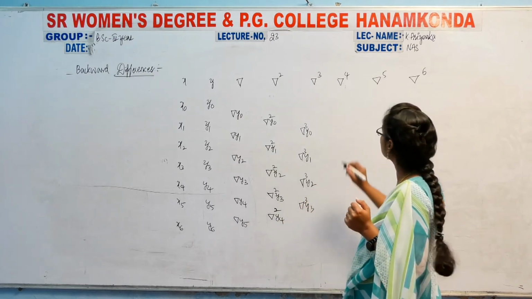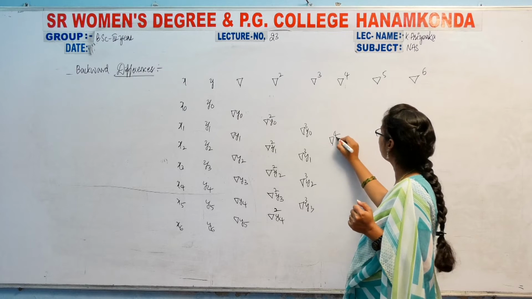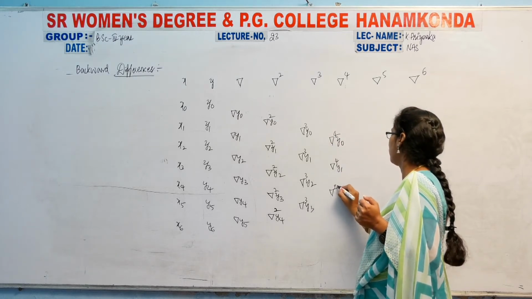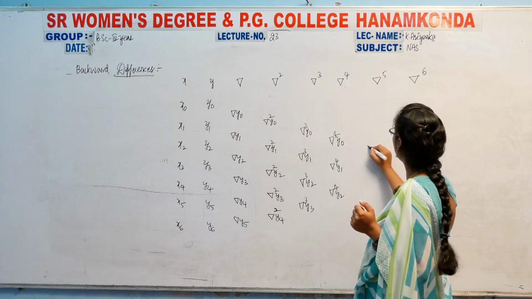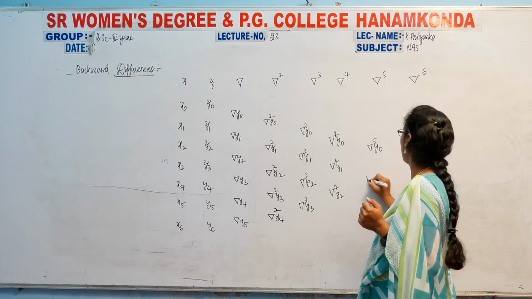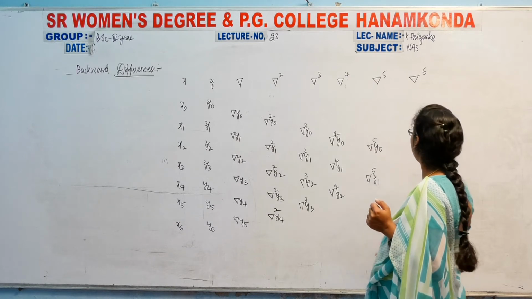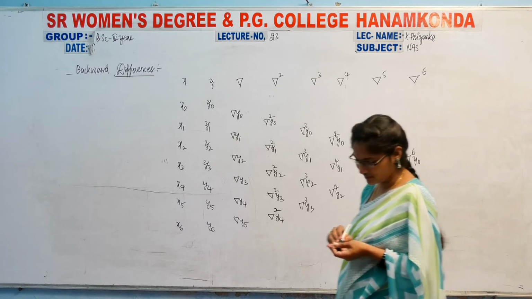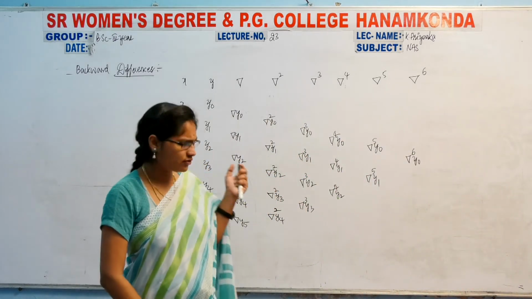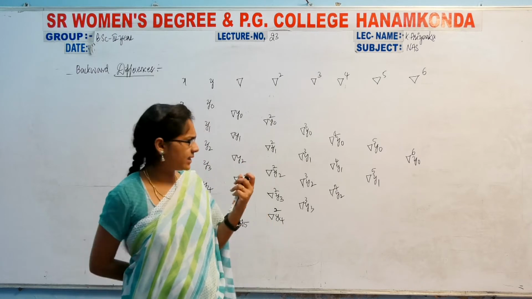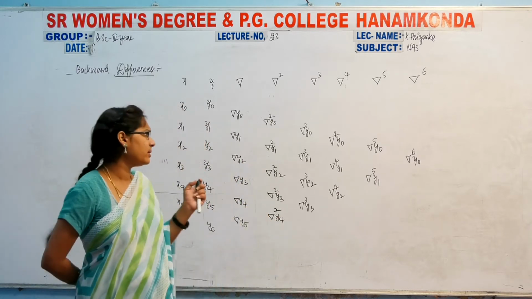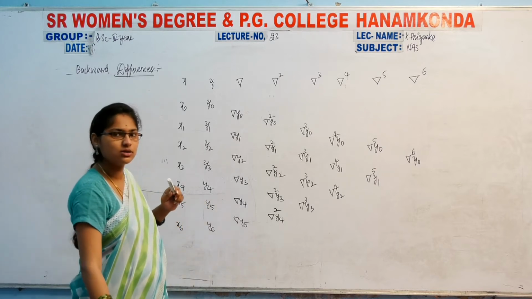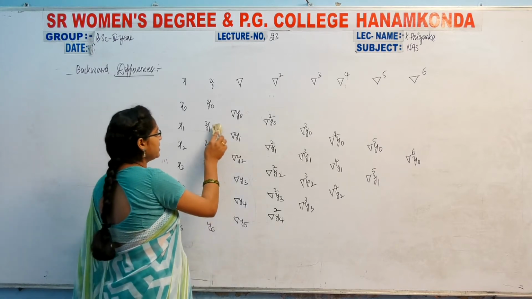Next the fourth power y0, y1, y2. Next y0, y1, and finally y0 only. These are the table values, and if you get any doubt, for example if it is confusing to write in between, you can simply take the values as shown here.